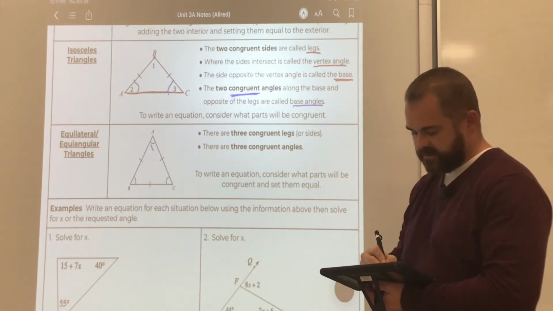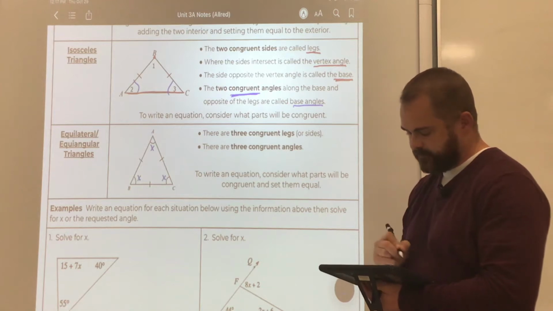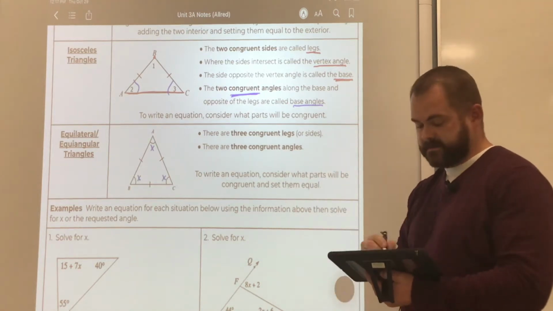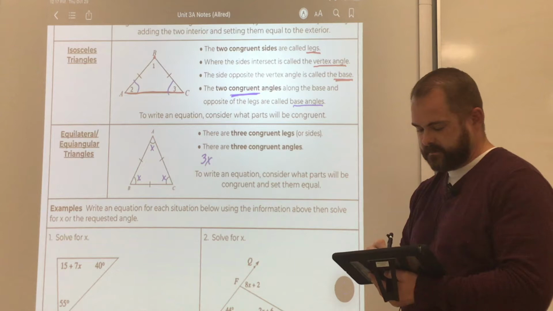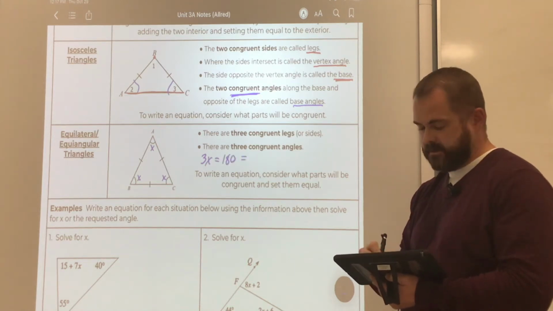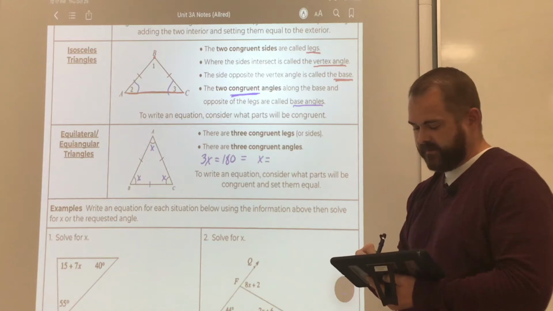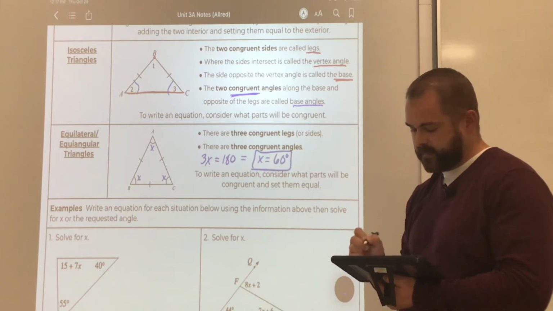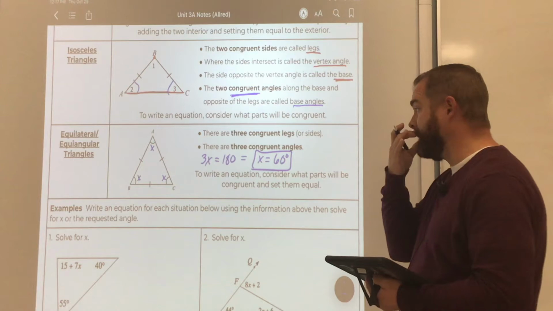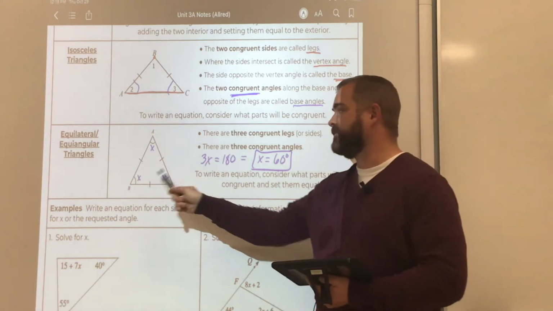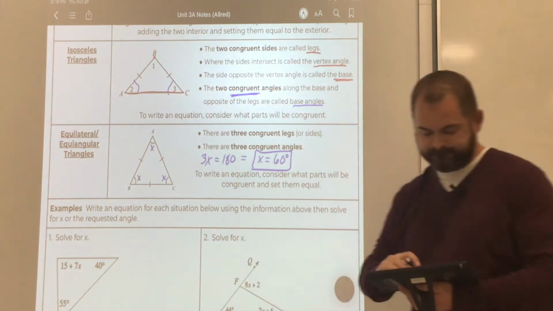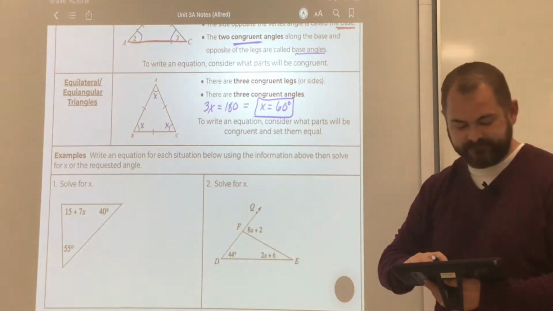If I call each one of these x, x plus x plus x is 3x. Since that equals 180, if I divide both sides by 3, each angle would have to be 60 degrees. So in an equilateral triangle, we need to remember that all three angles are 60 degrees.